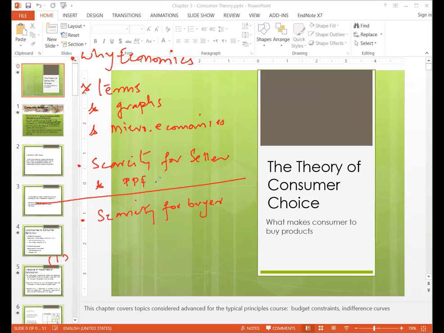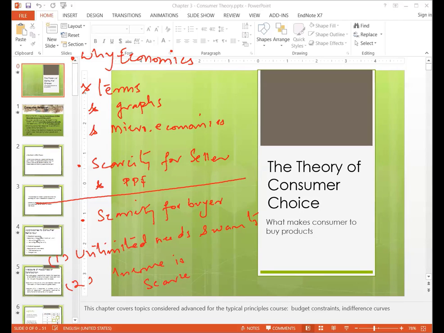So scarcity for buyer is that they have unlimited needs and wants, but the problem is their income is scarce. So the income resource is relatively low.